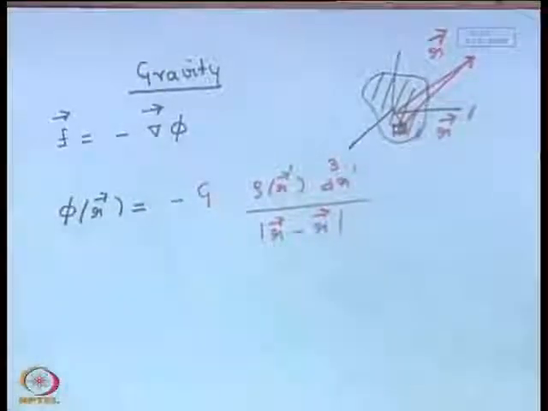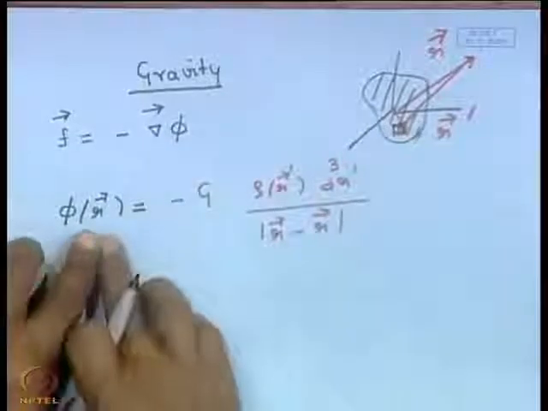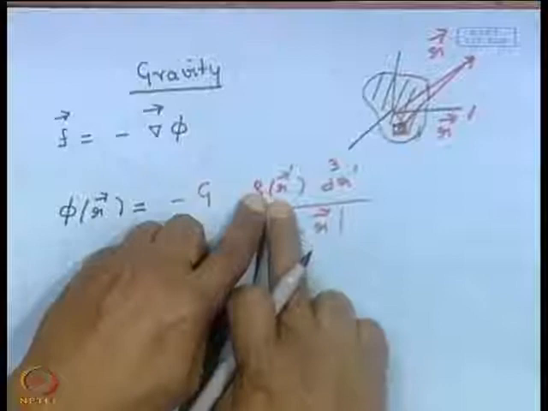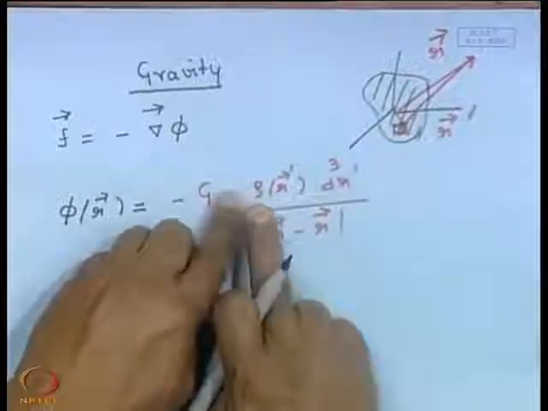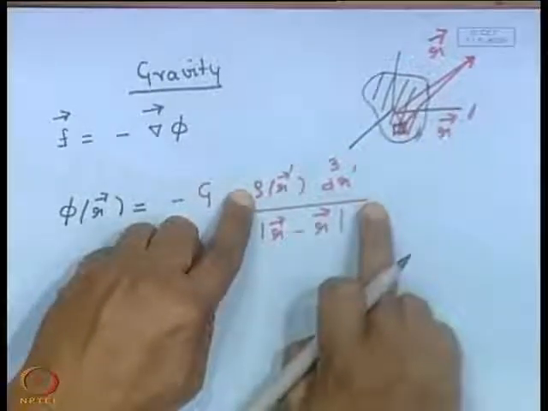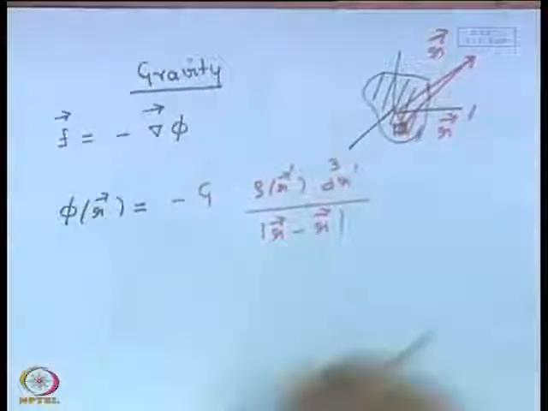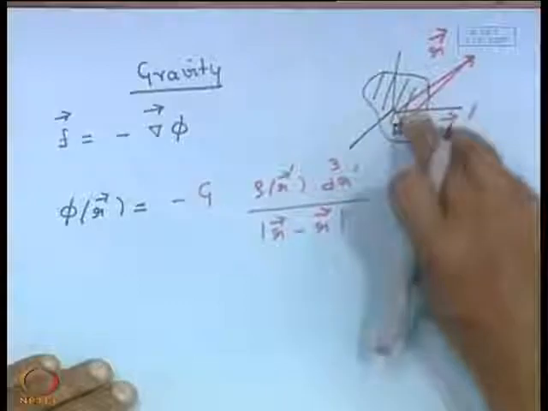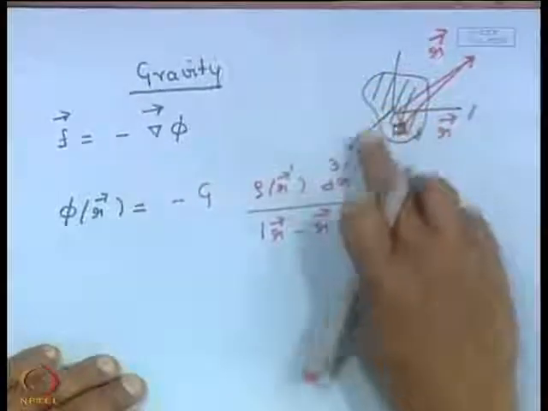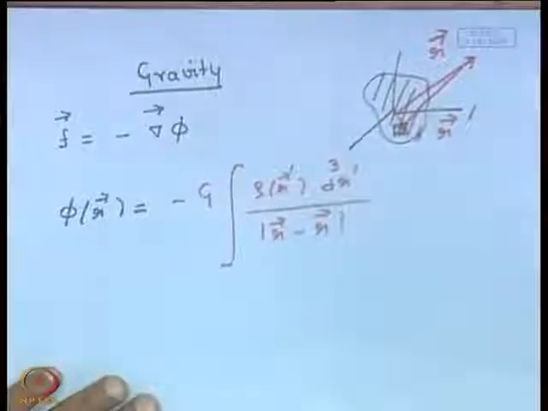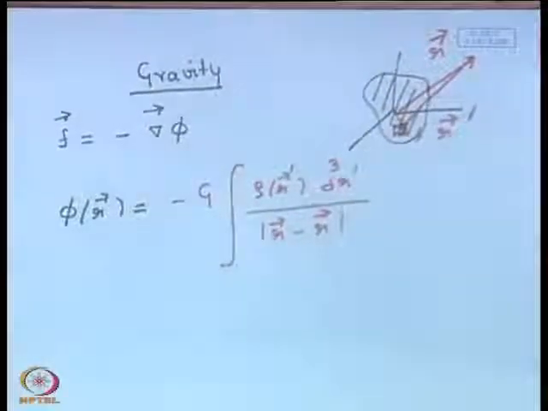So, this tells me the gravitational potential produced at r by a particle at r prime, the mass of that particle being the density into the volume, minus G m by r. And to find the gravitational potential by the entire object, I have to integrate this over the whole of space.